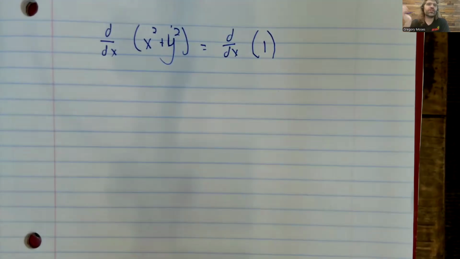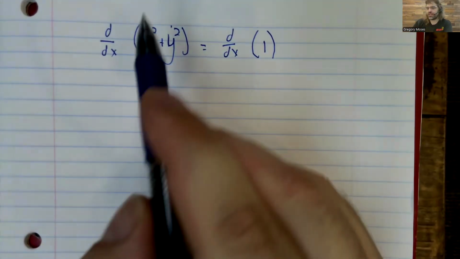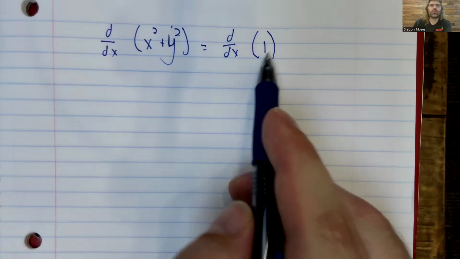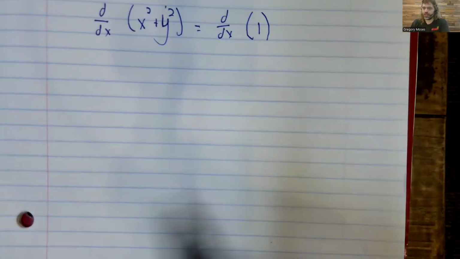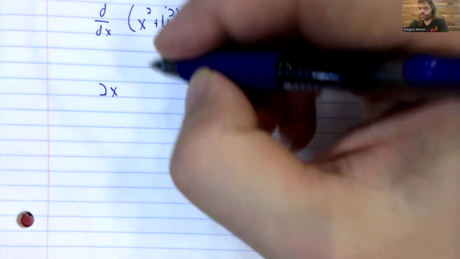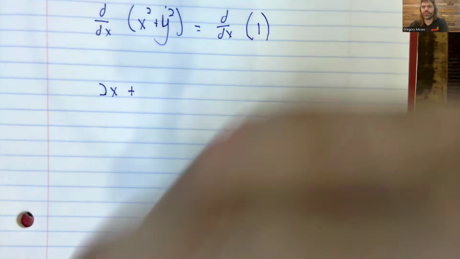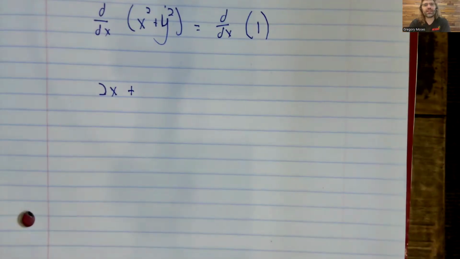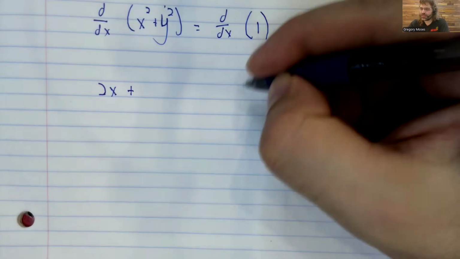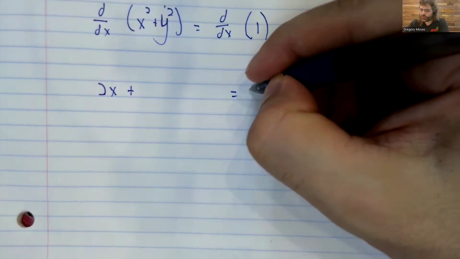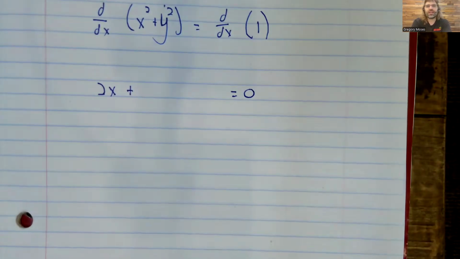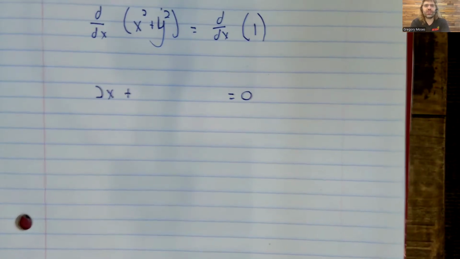And now there are 3 derivatives we have to take: x squared, y squared, and 1. x squared is easy, I hope. The derivative of x squared is 2x. The derivative of 1, sorry, is hopefully also pretty straightforward. The derivative of 1 is 0.